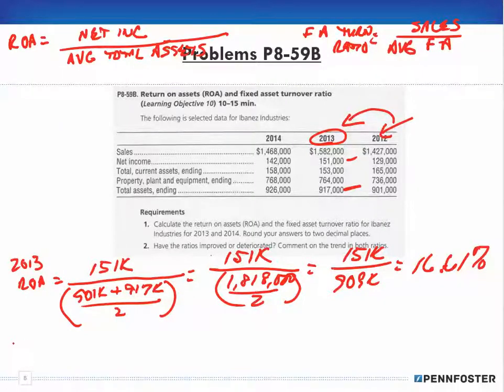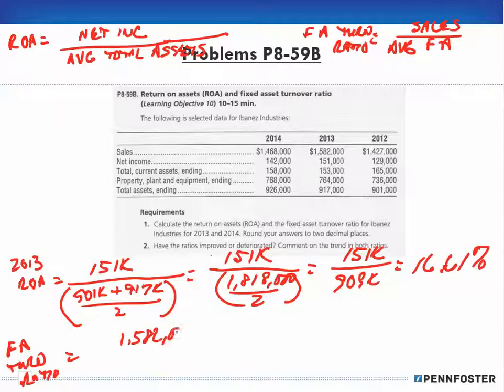So my fixed asset turnover ratio is equal to my sales for 2013, which ends up being 1,582,000, over my average fixed assets.